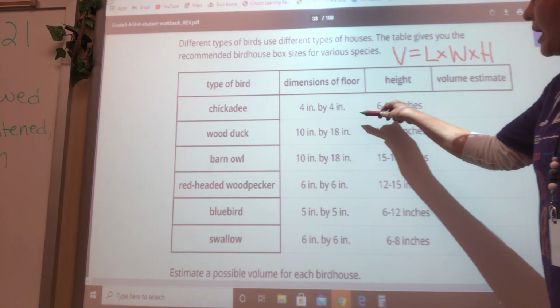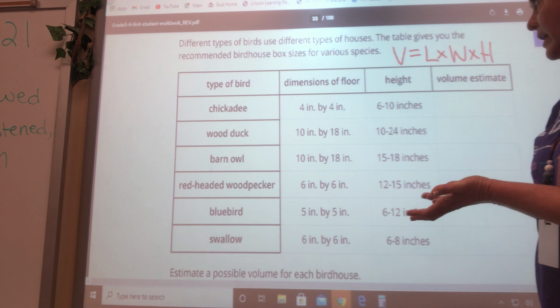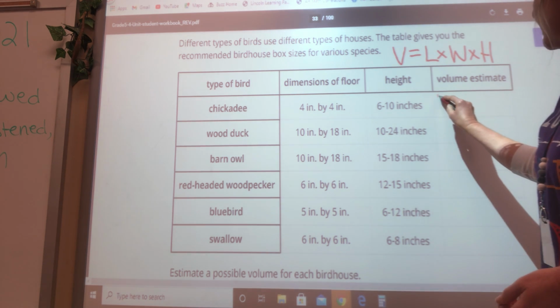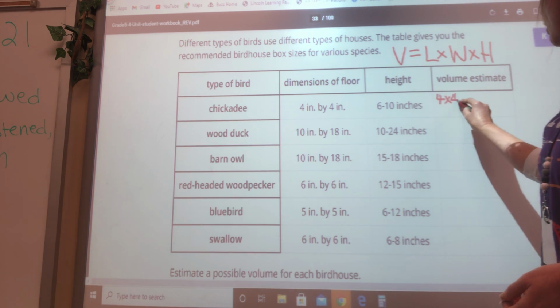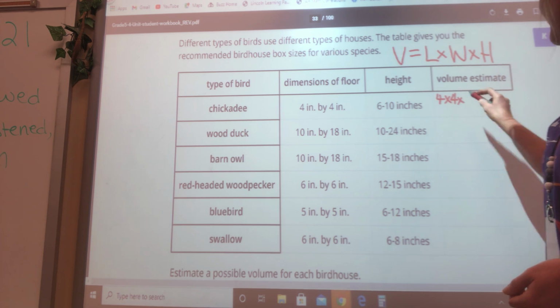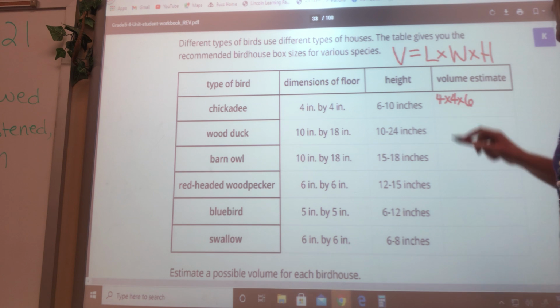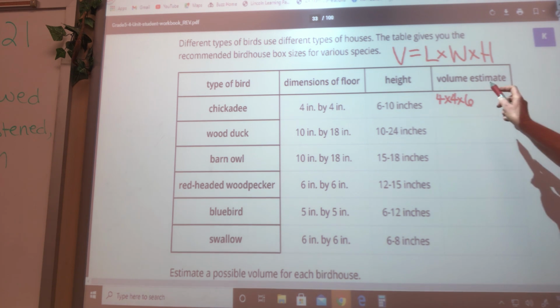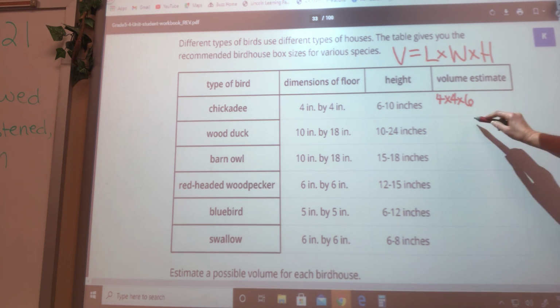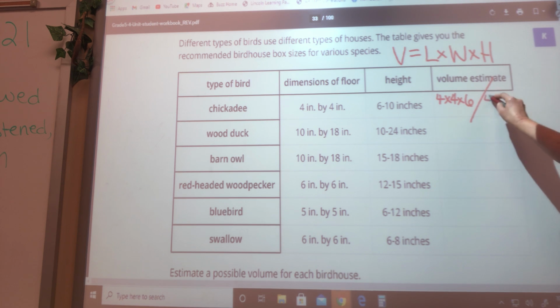If that's the bottom, then that's its length and its width, isn't it? So we would have 4 times 4, and then its height could be anything from 6 to 10. So I would work this volume problem, and then I would work this volume problem.